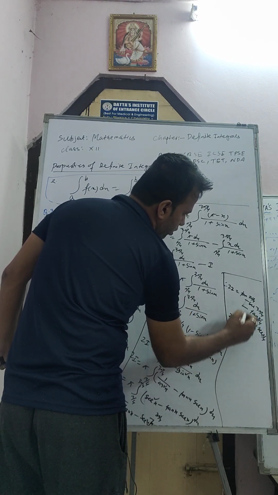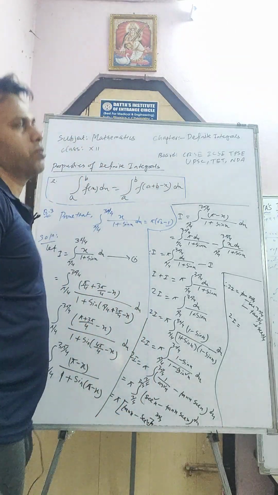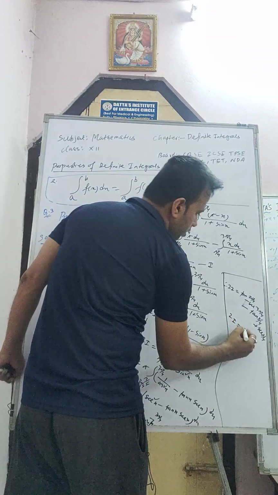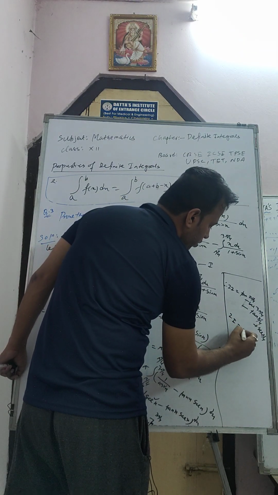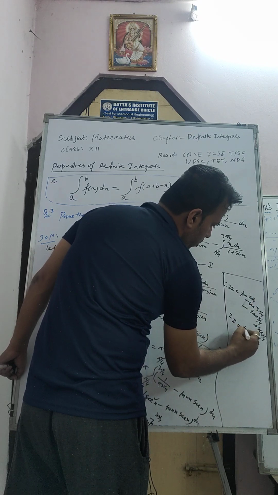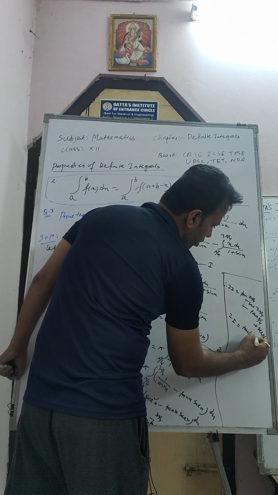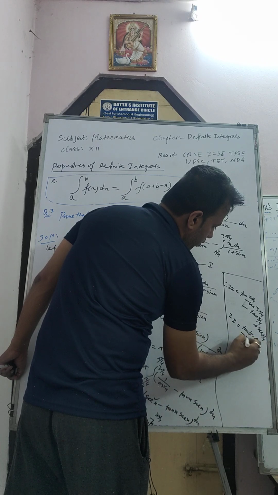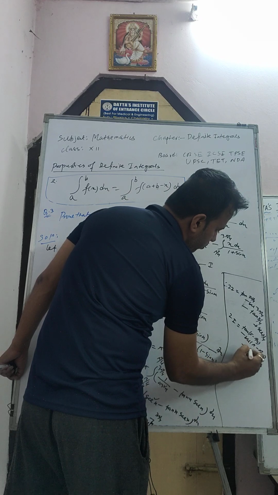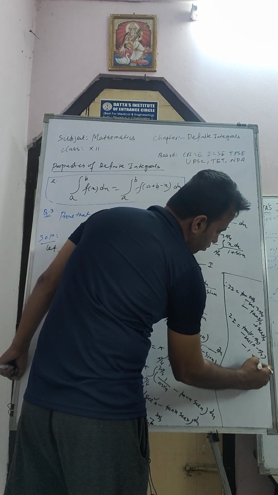So 2I is what? 3 pi by 4 is what? Pi minus pi by 4, that is minus tan pi by 4, it will become tan of pi minus pi by 4, similarly sec of pi minus pi by 4, and tan pi by 4 is 1 and sec pi by 4 is root 2.